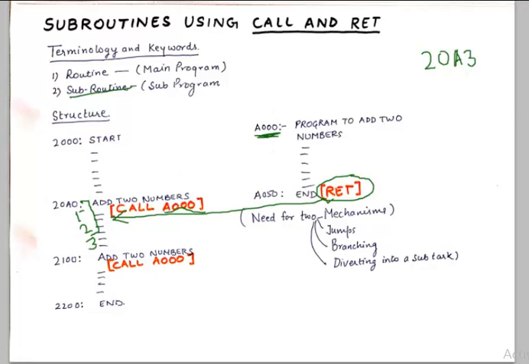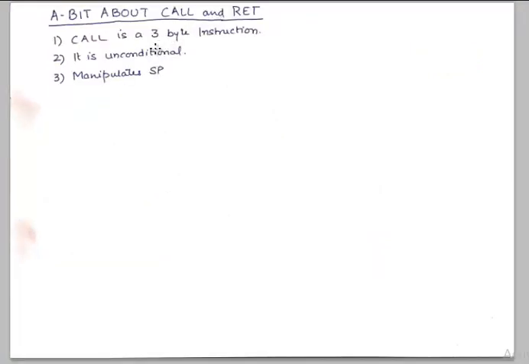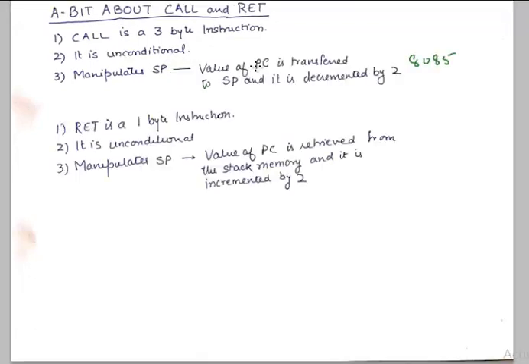And in order to achieve that, we'll need to see the internal working. And let's talk a bit about call and return instruction. It's a 3-byte instruction. It is unconditional and it manipulates SP. Now, this is the most important point, that it manipulates the stack pointer, transfers the value of PC, and of course, as we discussed in the previous slide, if call was written at 20A0, we know that 20A0, 20A1, 20A2 will be memory locations occupied by the call instruction itself.